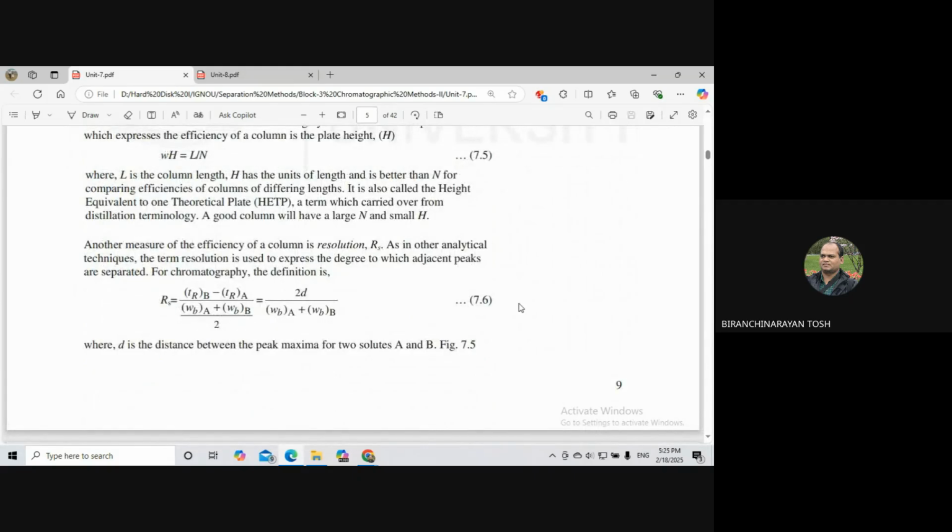Another measurement of the efficiency of a column is the resolution, that is Rs.